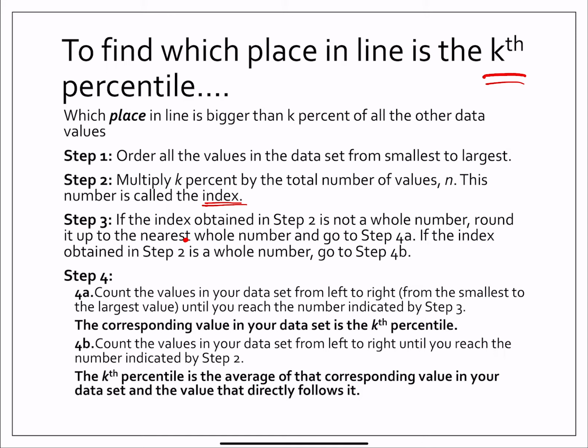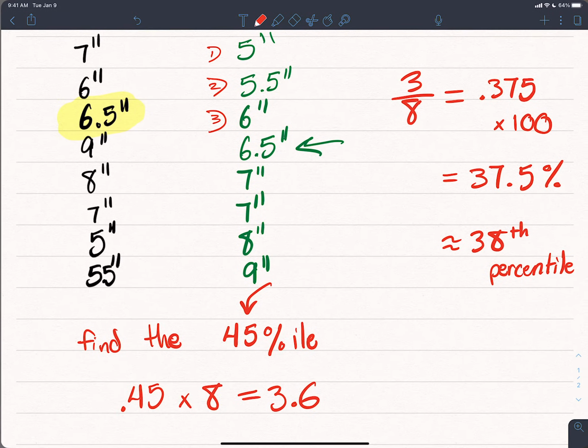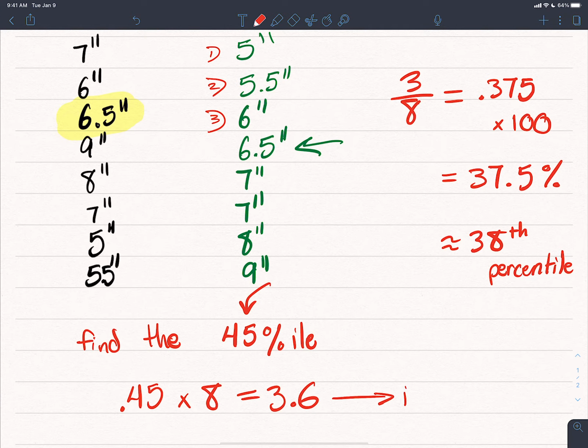So now step 3, it kind of gives us some different options. So if the index obtained in step 2 is not a whole number, round it up. That's a key word. We always round up in this particular example. Round it up to the nearest whole number and go to step 4A. But if the index is a whole number, go to step 4B. So this was our index.